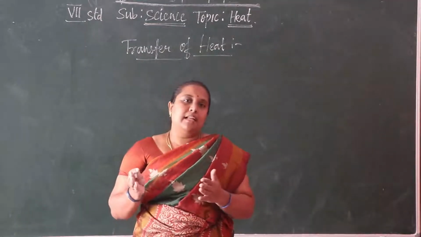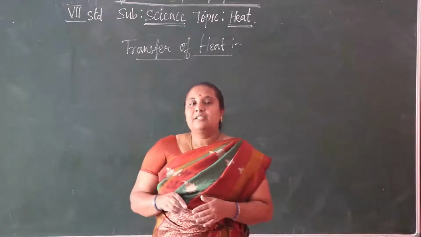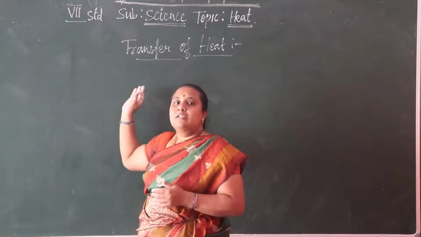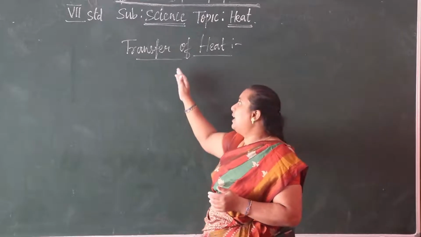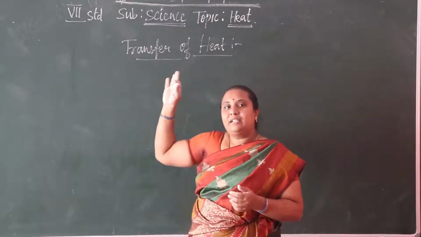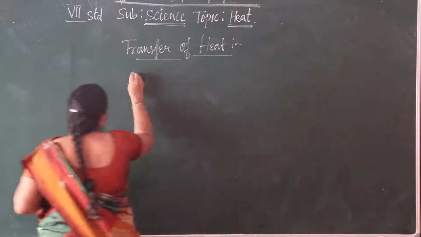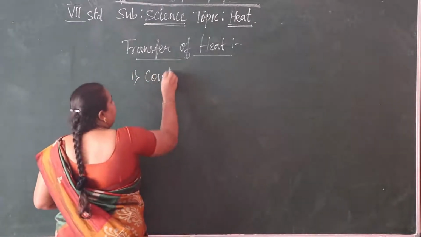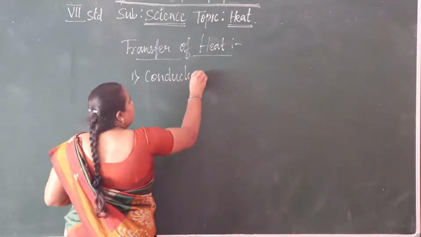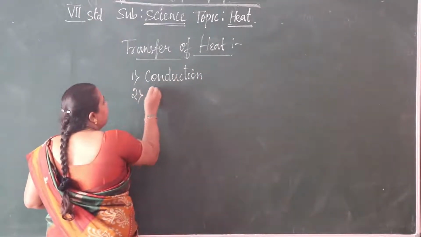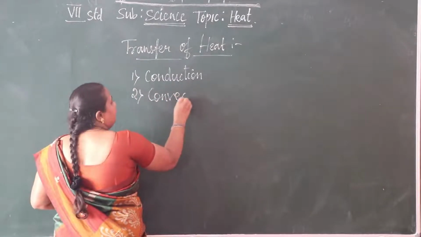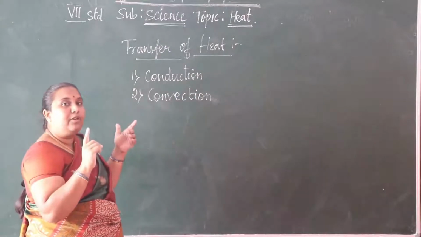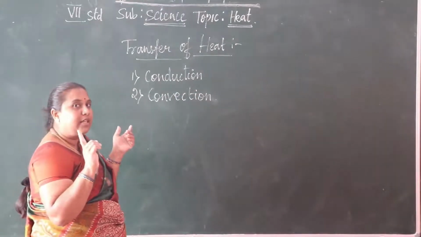Like this we can read here. So what are the three different types of transfer of heat? Okay, what are the three different types? One is conduction. The second is convection. So read the words carefully, and don't confuse them.